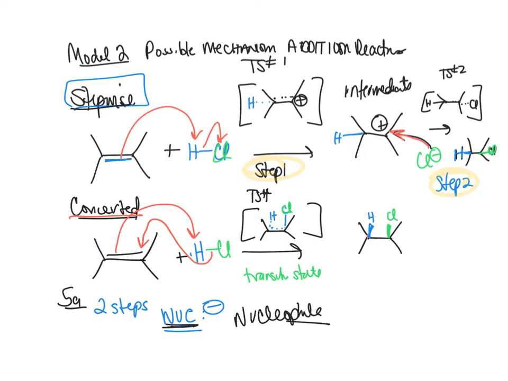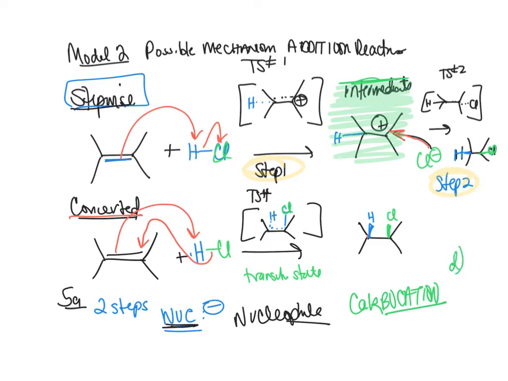What intermediate is formed after step 1? What's that intermediate called? A carbocation.